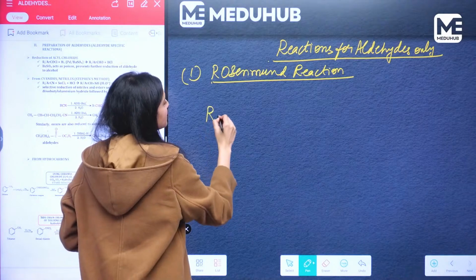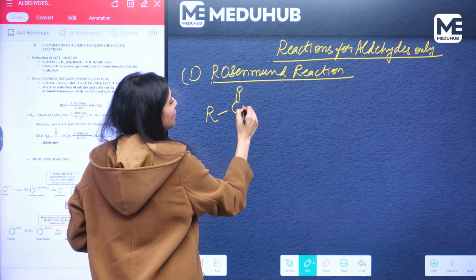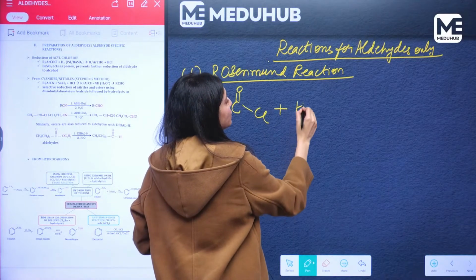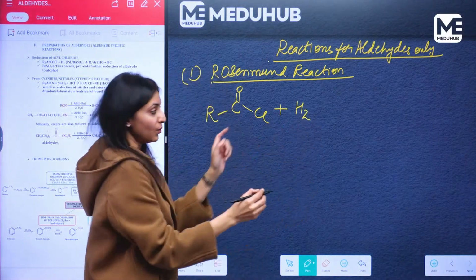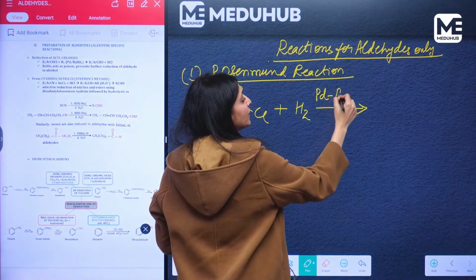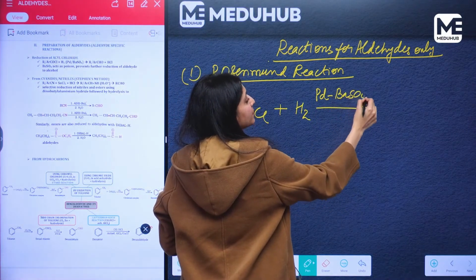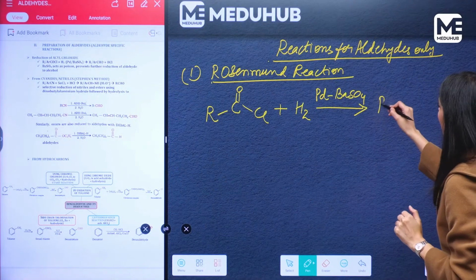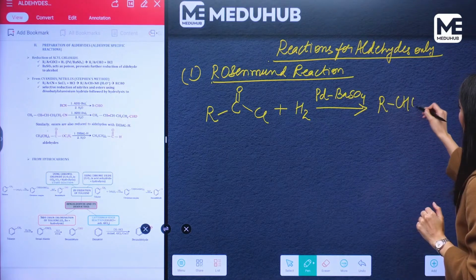So we have an acid chloride, RCOCl here. This, when reduced, that is when hydrogen is added to it, in the presence of a palladium catalyst supported over barium sulfate, we get the aldehyde here. So RCHO is the product.